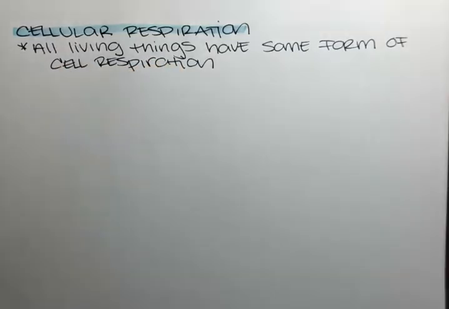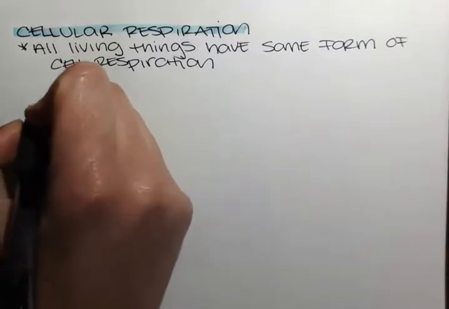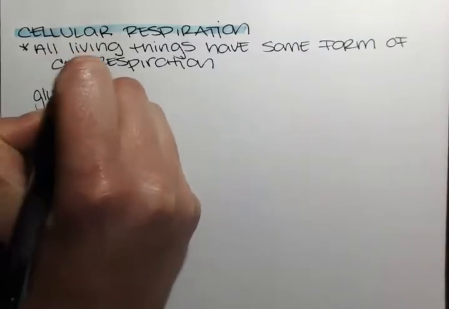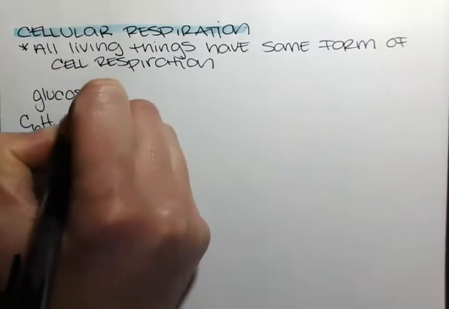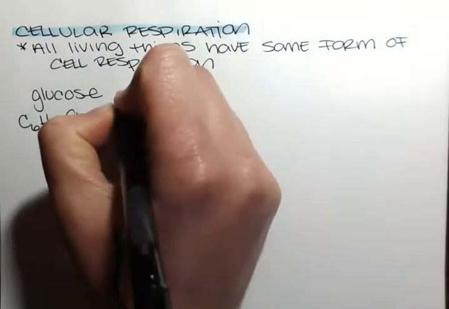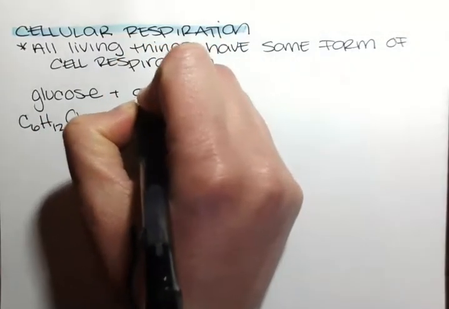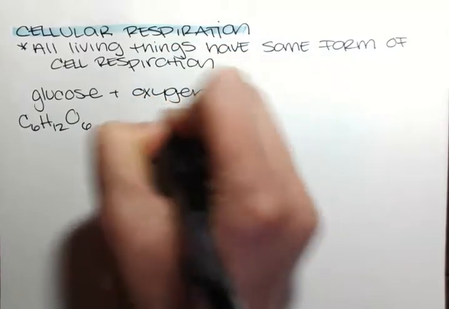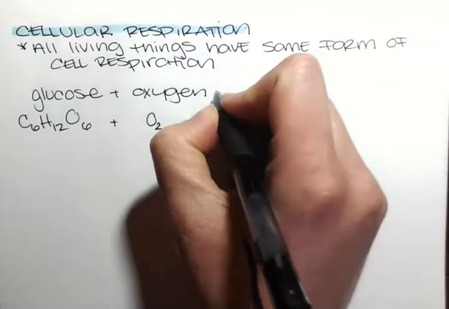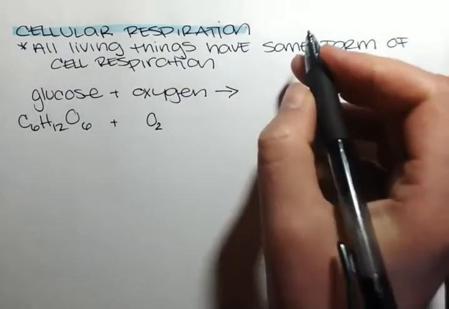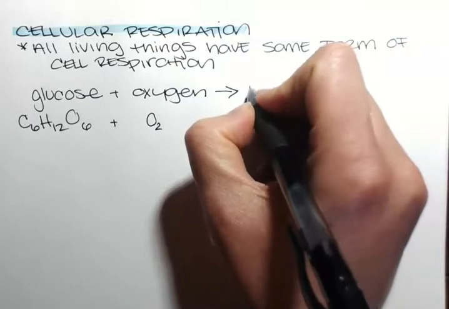Now, the general formula for cellular respiration, and this is actually the general formula for something called aerobic cellular respiration, I'll get a little bit more into that in a second. You have glucose, which is C6H12O6, plus oxygen. Again, this is the aerobic kind. So that's O2, oxygen gas. Reacts to form carbon dioxide.